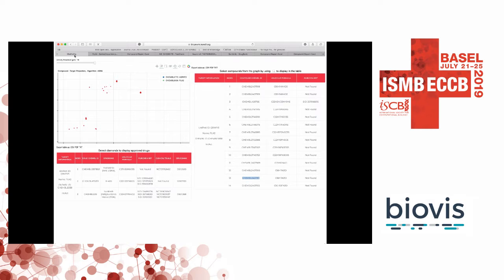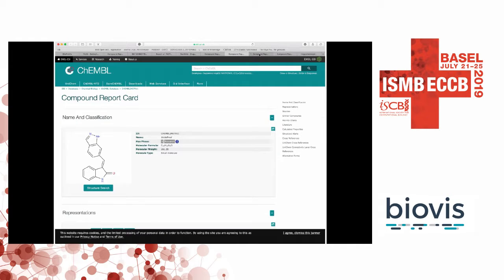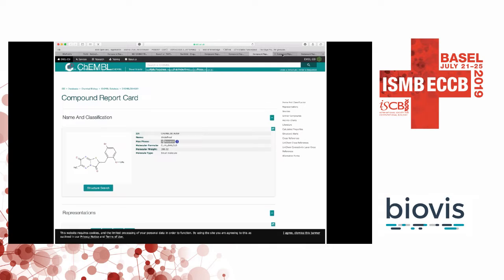We see that similar compounds are projected on this space together. I want to draw your attention here. These are the compounds which are blue, but this one is green. So it actually targets another protein, but it clusters with the other protein's targets. When we look at them, they have very similar structures.